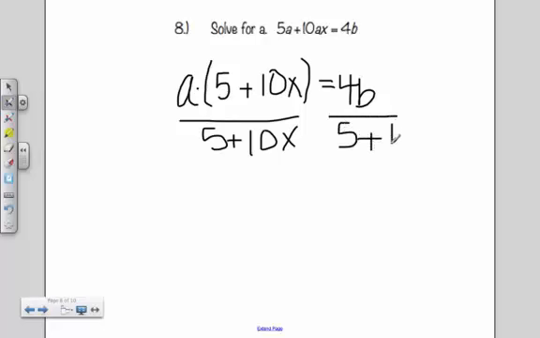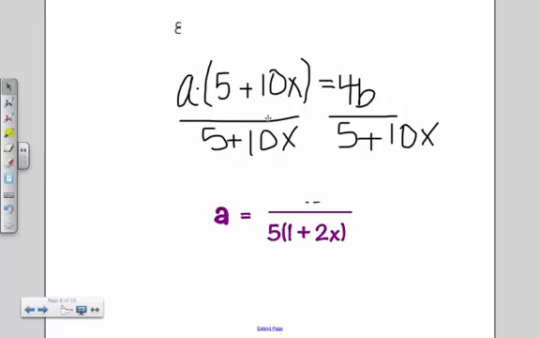And that means that my final answer will be, a equals 4b over 5 plus 10x.